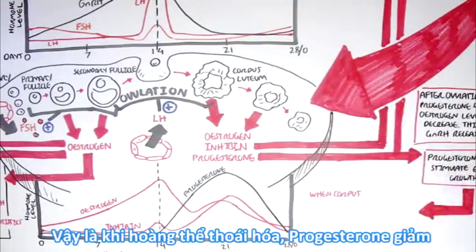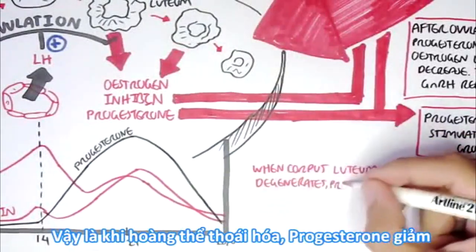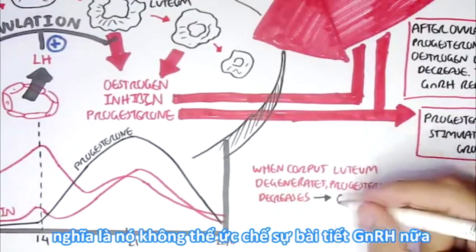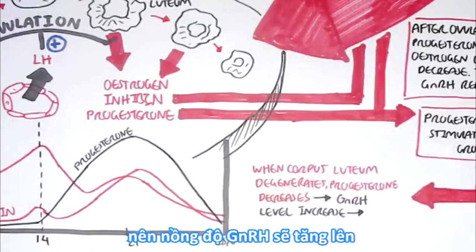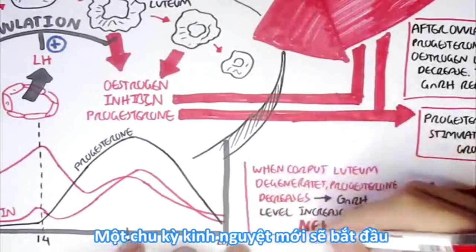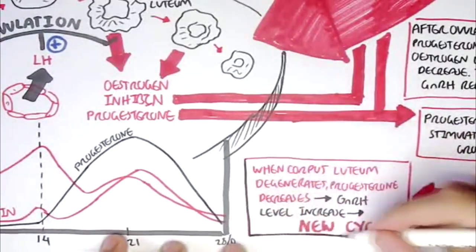When the corpus luteum degenerates, progesterone will decrease. And this will mean that progesterone cannot inhibit gonadotropin-releasing hormone release. And so gonadotropin-releasing hormone levels will increase. And this will allow a new menstrual cycle to occur.